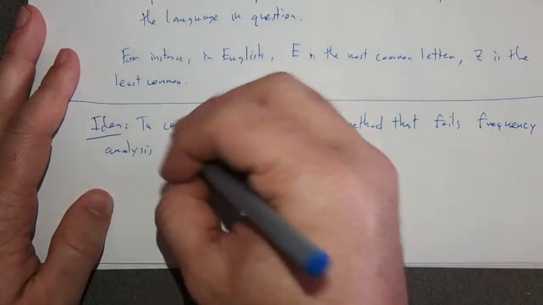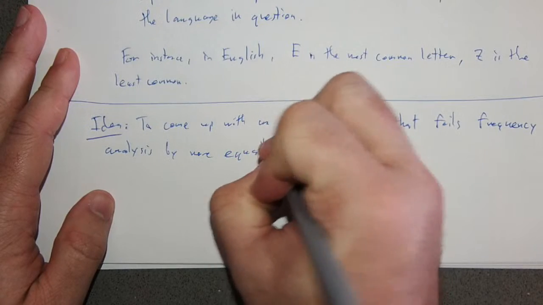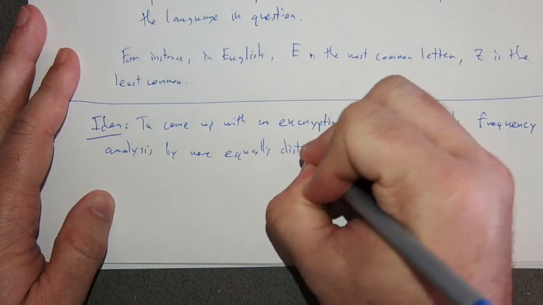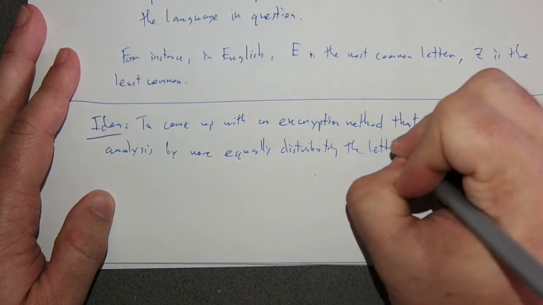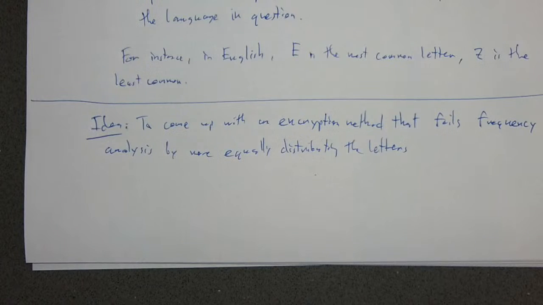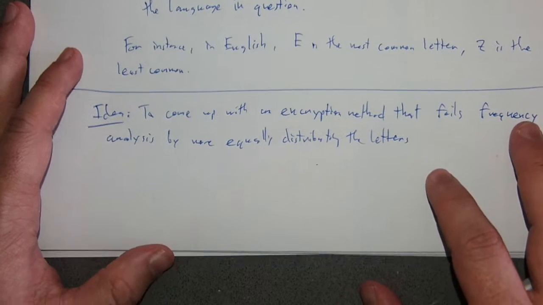It foils frequency analysis by more equally distributing the letters, so that if we actually looked at the frequency of the letters, it would be more smoothed out. It would be very hard to see how it matched up with the natural frequency of letters in English.